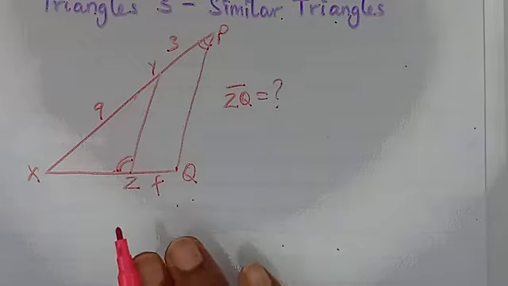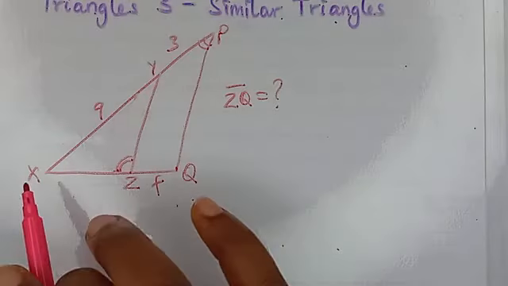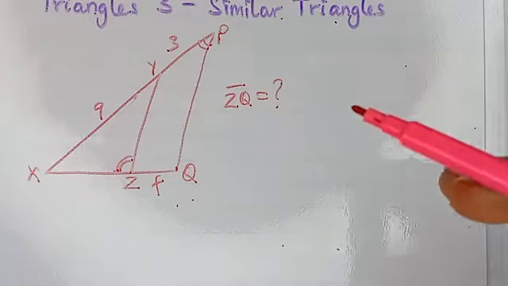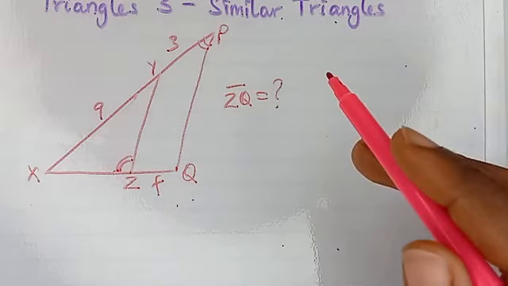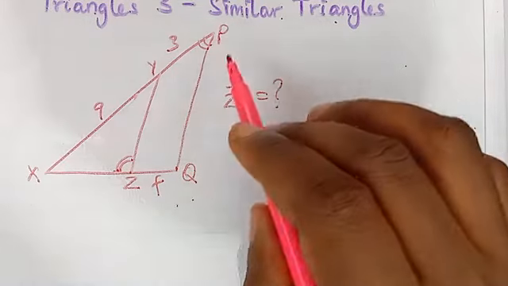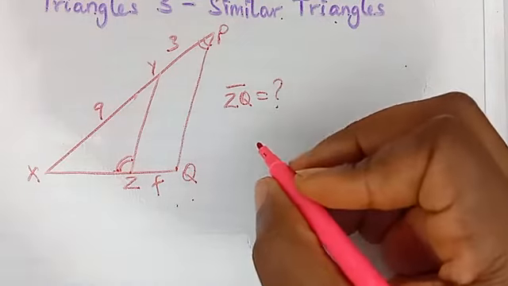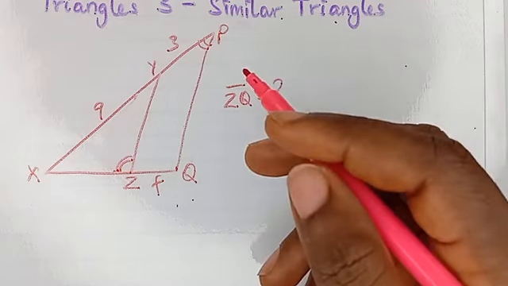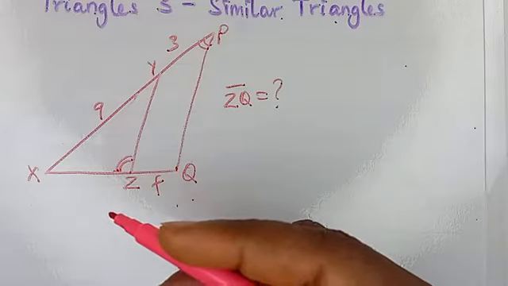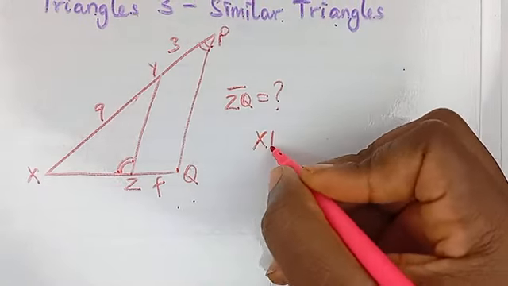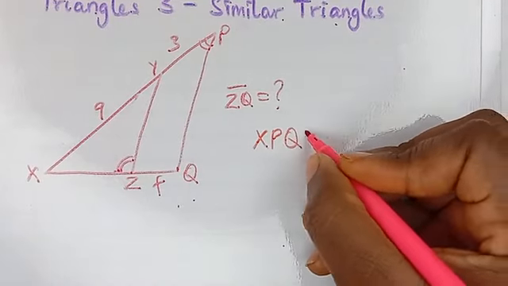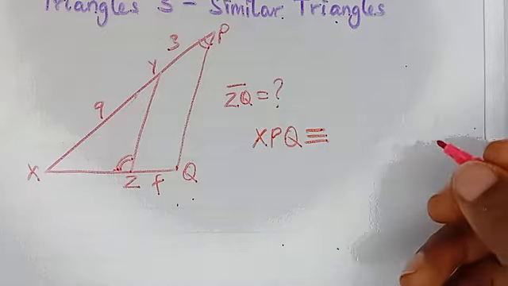Now, the first thing we do is to name the two similar triangles accordingly. So let me start with the big one. I like starting with the big one. So the external triangle, we could have it as XPQ. Let's find the equivalent accordingly.